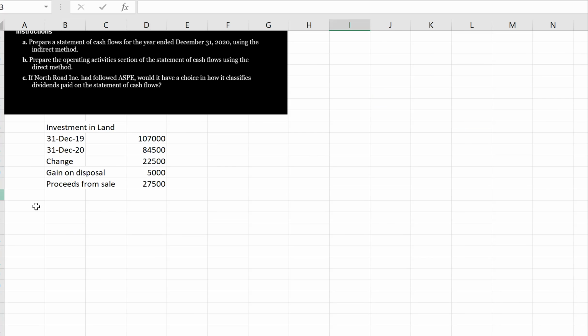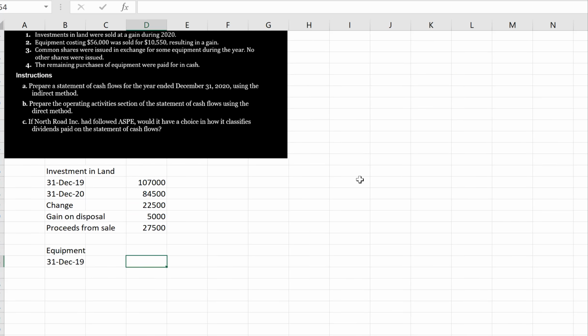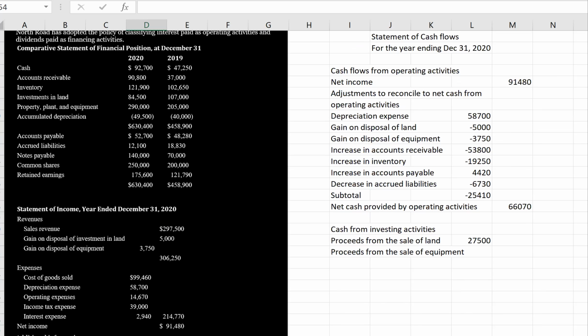So let's go equipment. So we're going to have December 31st, 2019 balance. So what was our PP&E balance then? PP&E is going to be 205,000.